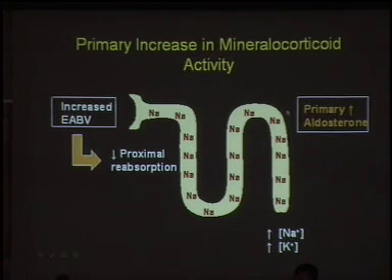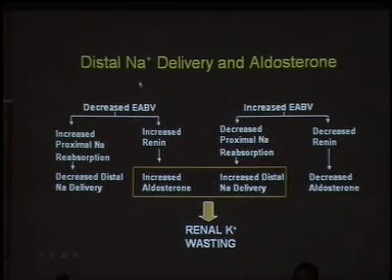Then aldosterone acts at the pump and the sodium-potassium exchange, and you would end up losing both sodium and potassium in the urine. So hypokalemia, metabolic alkalosis. Again, this is renal potassium wasting because you have increased aldosterone and increased distal sodium delivery.